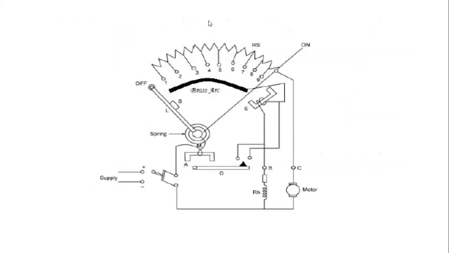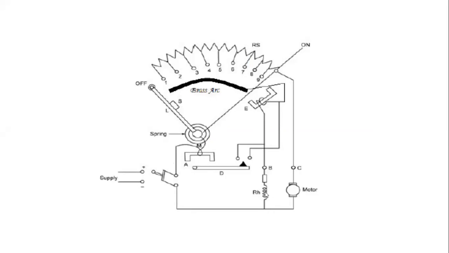This is the main circuit diagram for the resistor starter. We have three points: point A, point B and point C. Point A is connected to this coil, the no volt coil, and this is the overload coil.